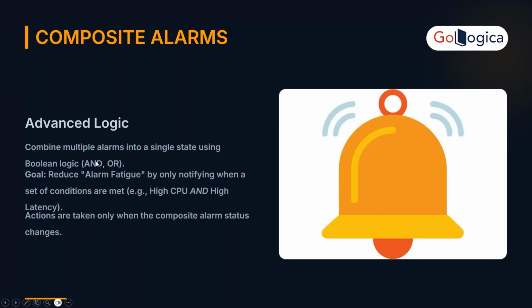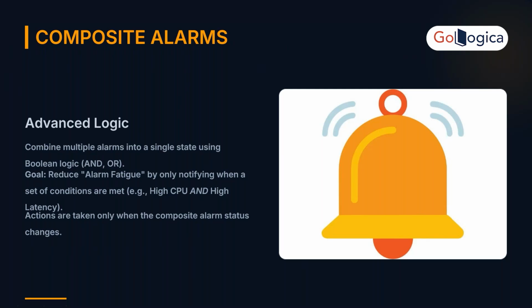AND needs both the left side and the right side to be true. OR generally needs only one condition to be true. In AND both the conditions should be true, and in OR any one condition should be true to trigger the alarm.